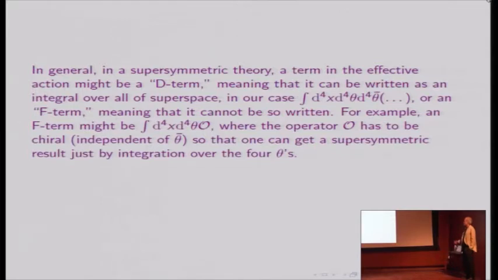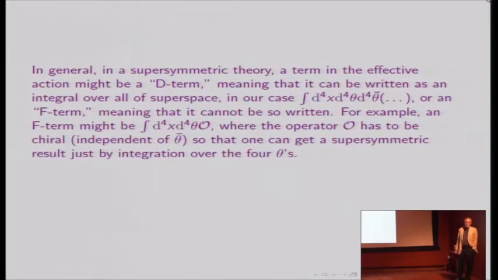For example, an F term in our case might be an integral over 4 x's and 4 thetas of some operator O. But it can't be any old operator, because if you had any old operator and only integrated over 4 thetas, you wouldn't get a supersymmetric expression. It's only if O is independent of the theta bars that you get something supersymmetric by not integrating over them.